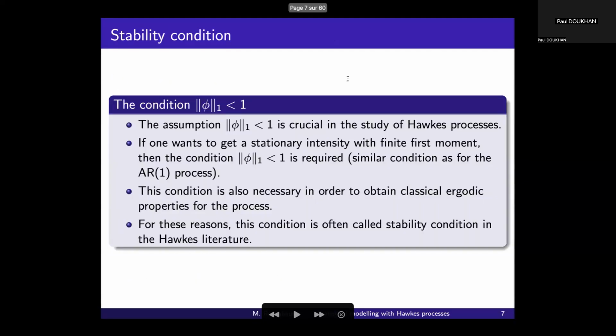If you consider a family, what is a family? It's one migrant, the children, the grandchildren, the great-grandchildren, and so on. Each migrant has on average L1 norm of phi children. He has on average L1 norm of phi squared grandchildren, and on average L1 norm of phi to the power 3 great-grandchildren.